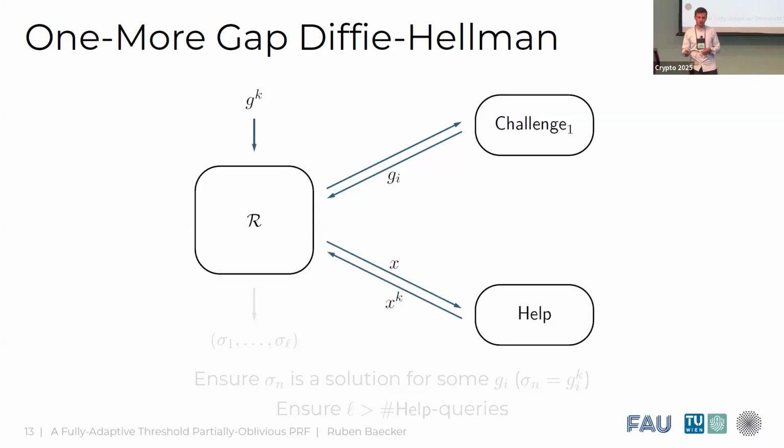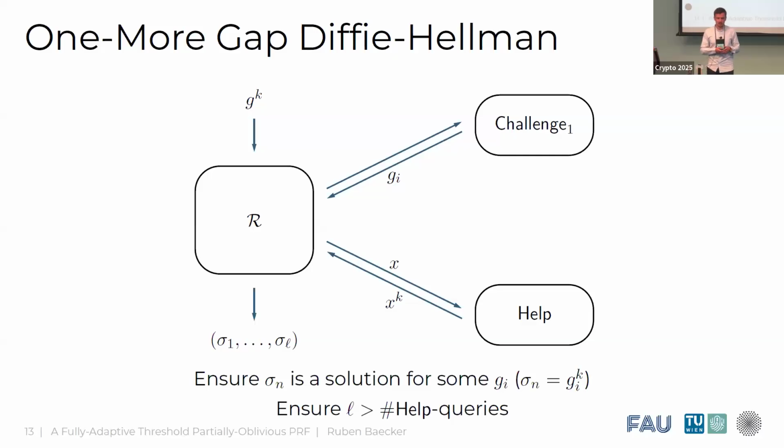And it also has access to a help oracle, which you can just give any group element, and you get back that group element raised to K. In the end, it has to output solutions, and solutions are of the form that you take a challenge and then raise that to K. And of course, we also want that it returns at least one more solution than the number of times it queries the help oracle, because otherwise it would be trivial to break.